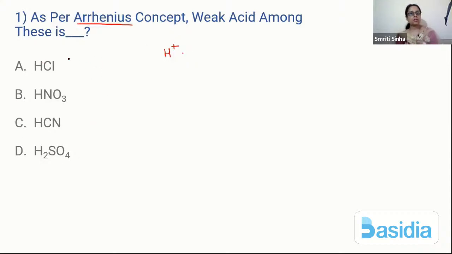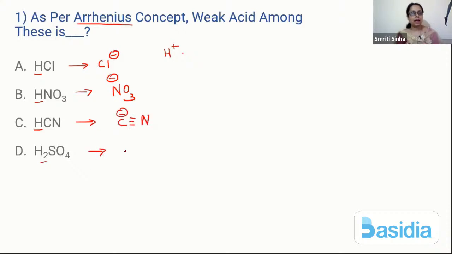So according to the Arrhenius concept, all of them are going to donate H plus, but the weakest among these will be the one whose conjugate base, after donating the H plus, is less stable, and then you can understand which will be the weak acid.